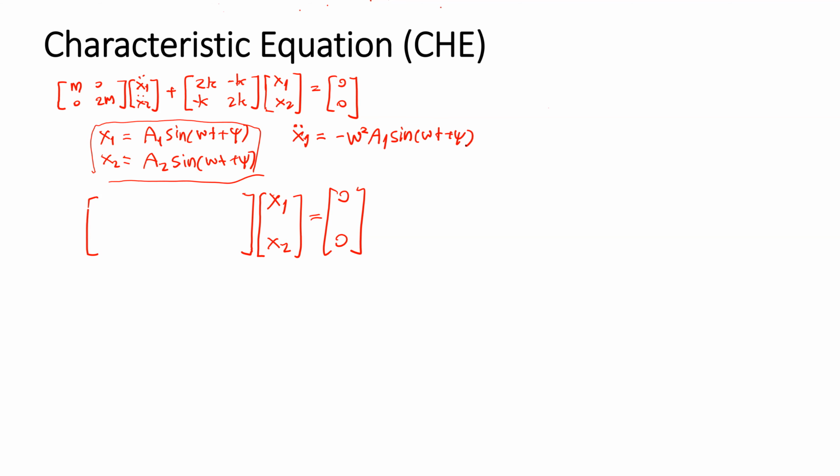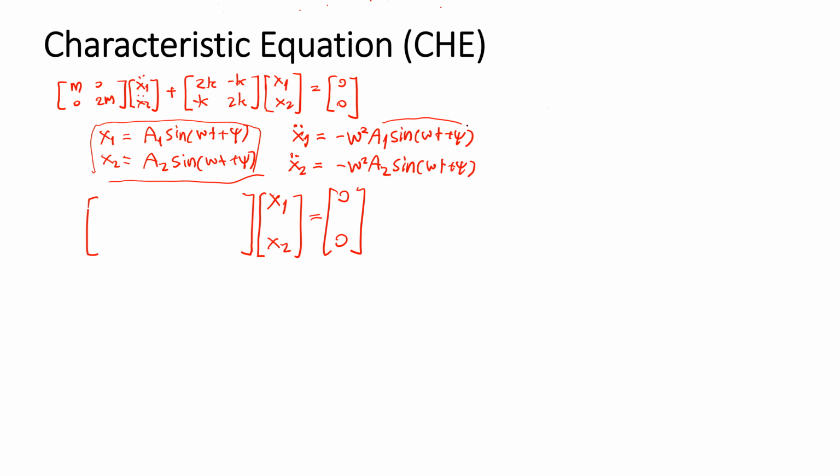In the same way, the second time derivative of x2 is minus omega square A2 sine(omega t plus the phase angle).